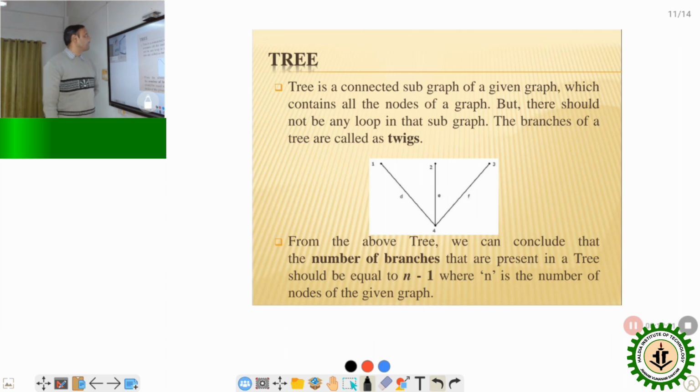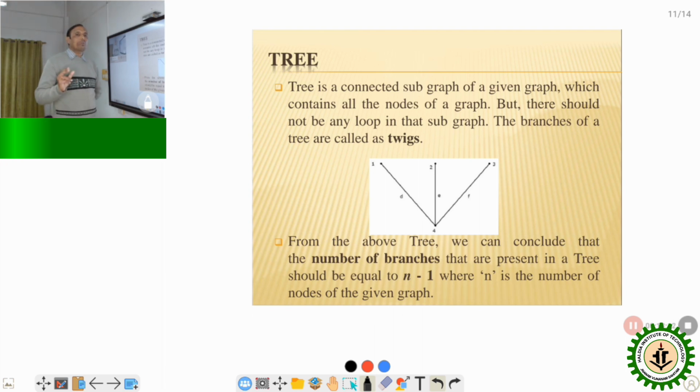Now what is a tree? A tree is a connected subgraph of a given graph which contains all the nodes of the graph, but there should not be any loop in that subgraph. What does it mean? It means that a tree is nothing but a subgraph, that means a part of a graph, which contains all the nodes of the graph. Inside a graph, however many nodes are present, in that particular tree subgraph the same number of nodes will be there, but there will not be any closed loop inside this.